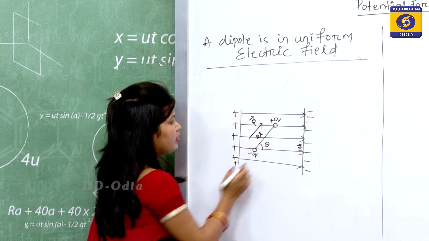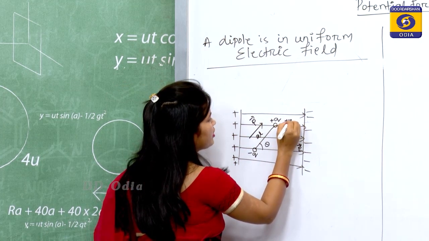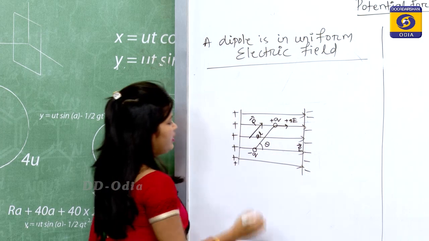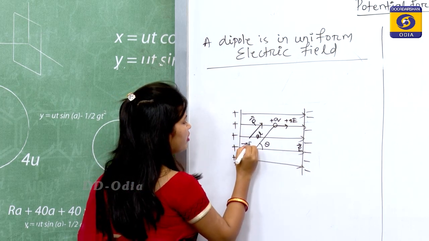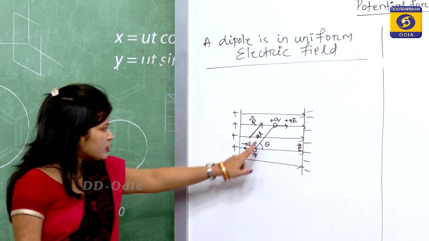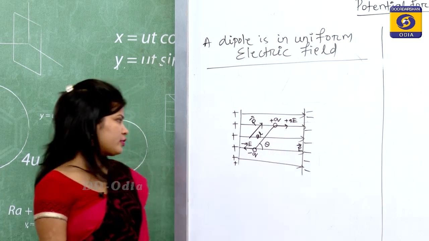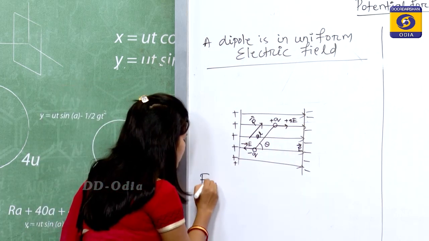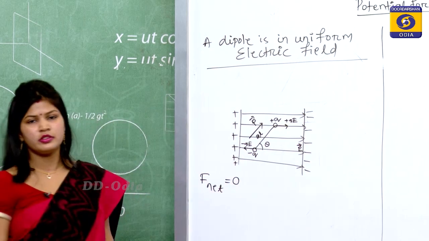Then the force acting on the plus q charge is plus qE, and the force acting on the minus q charge is minus qE. You see, these two forces are the same in magnitude but opposite in direction. So the net force is 0.